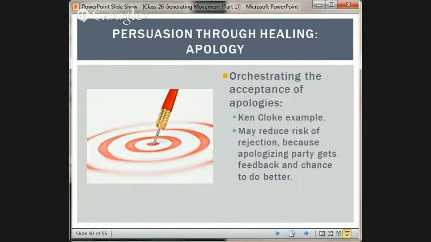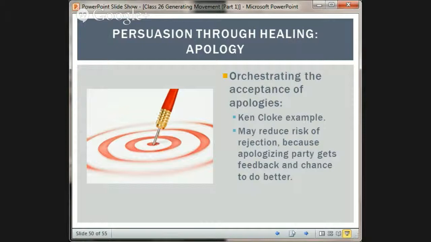So let me give you an example of how Ken Cloke does this, and I love this and I've used this before. So let's say a party has given an apology, or I've asked them whether they would feel comfortable giving an apology, and then they give the apology, and you can watch the other person and see if they've hit the target, see if it's a good apology.